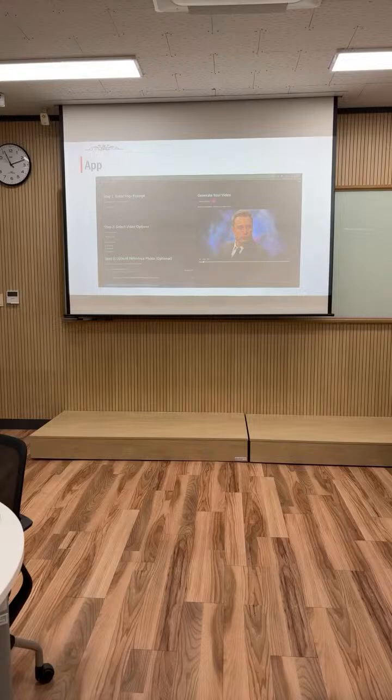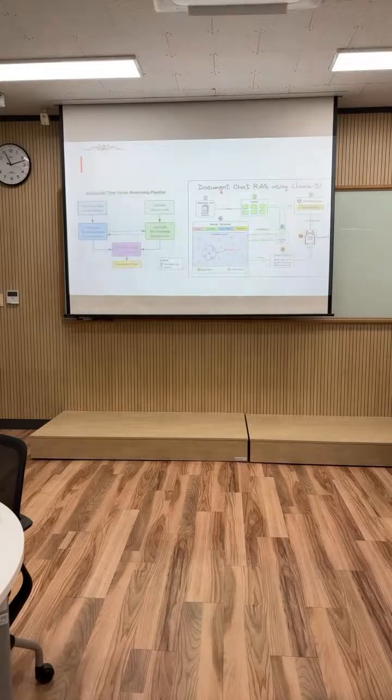Otherwise, as a backup plan, we can call the API. Another backup plan is that we generate the video first and just show it on the screen, with no user interaction at that time. So we have plans A, B, and C.